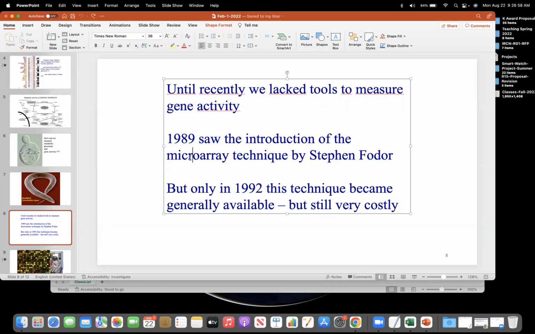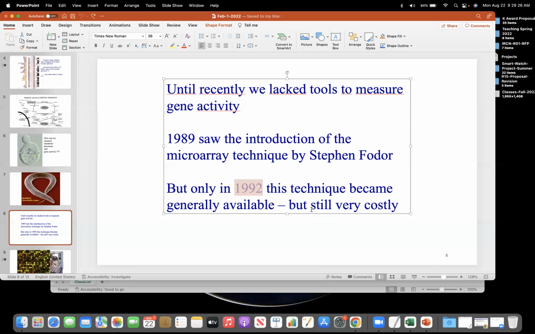So it's getting a little obsolete, but nonetheless, we do use it. It is cost effective compared to newer techniques, and it gives you a very good understanding of gene expression changes. It was developed in 1989, but commercially made available in 1992.